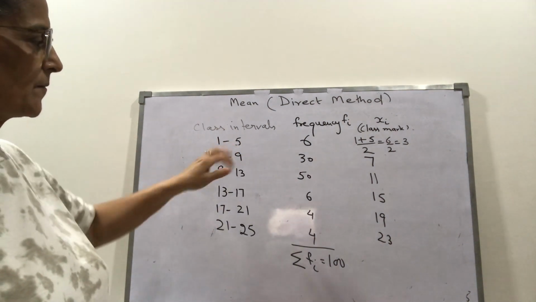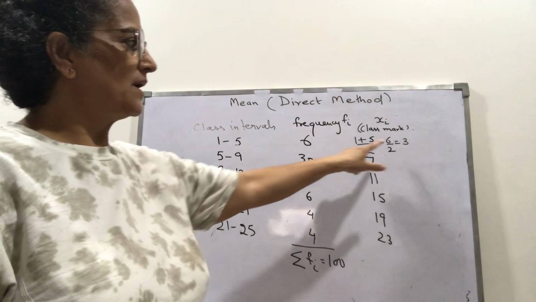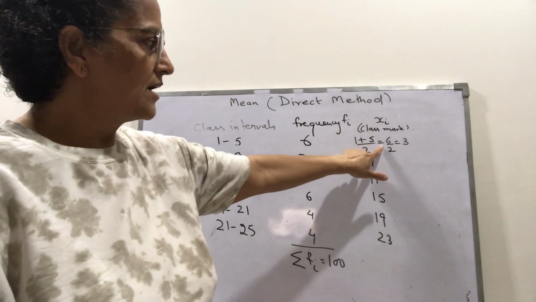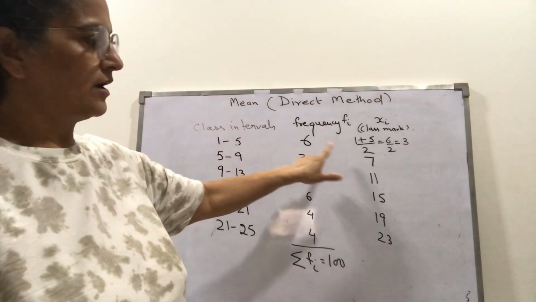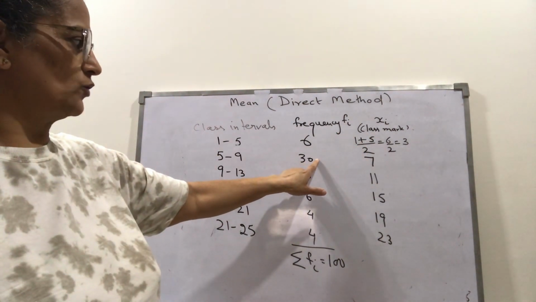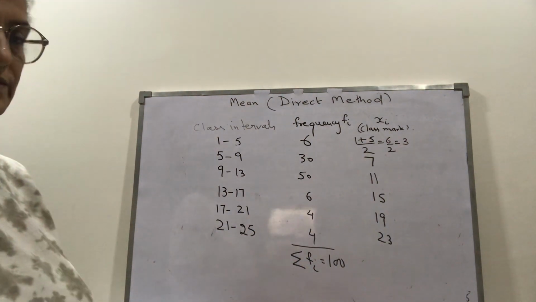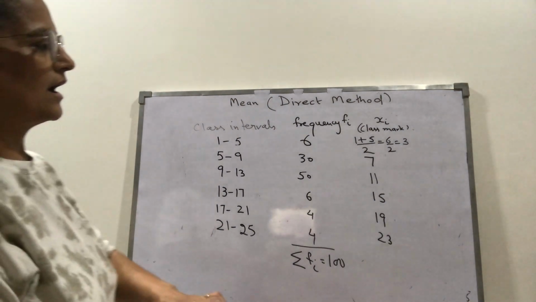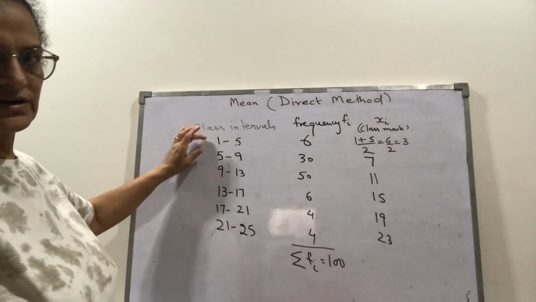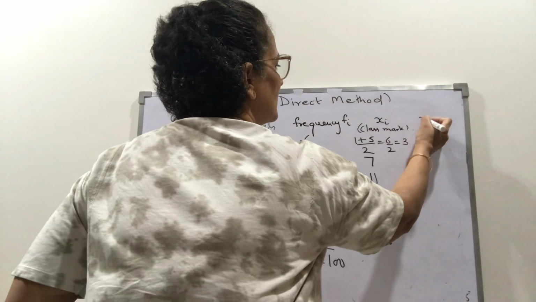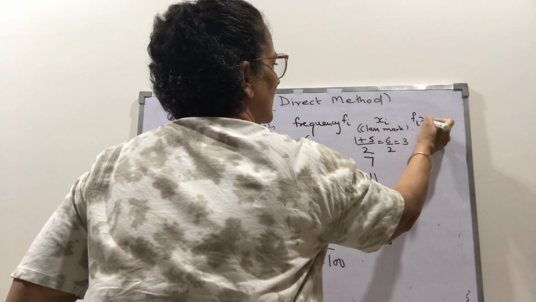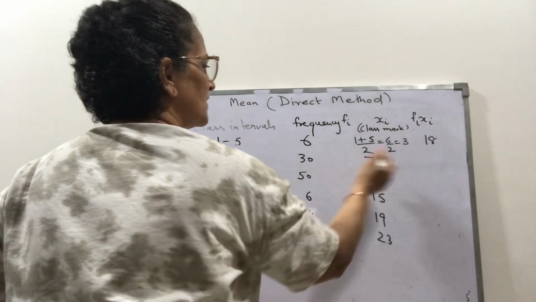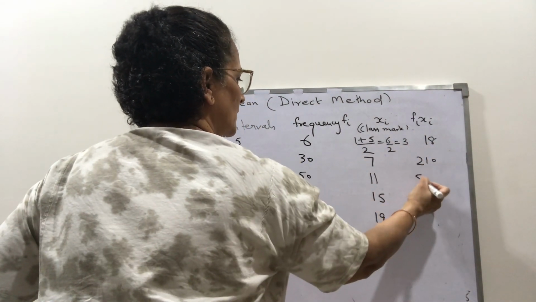Now you can multiply Fi and Xi, that is X1 into F1, X2 into F2, likewise. So the next step after finding the class mark is to find Fi Xi, multiplying 6 by 3 is 18, and so on.